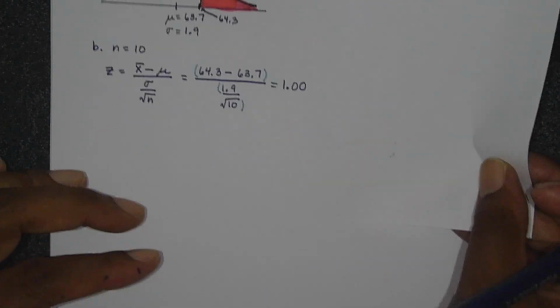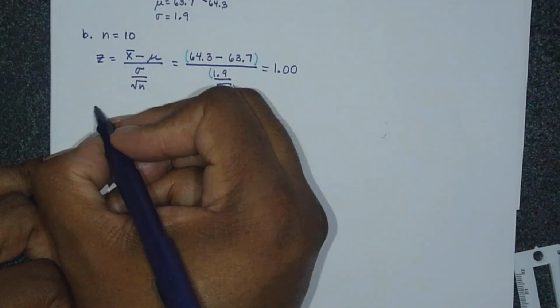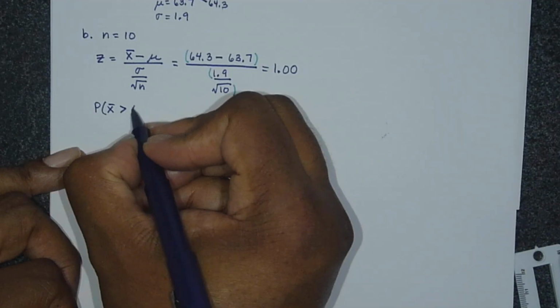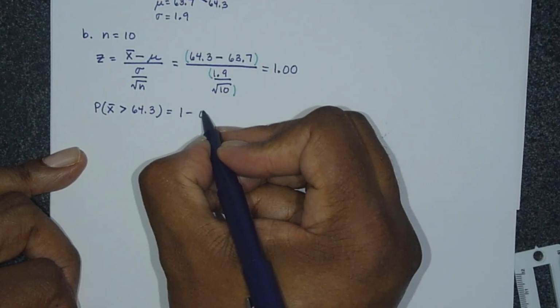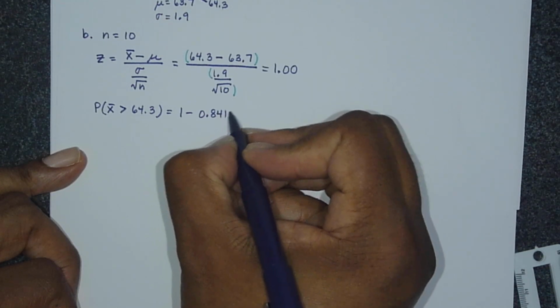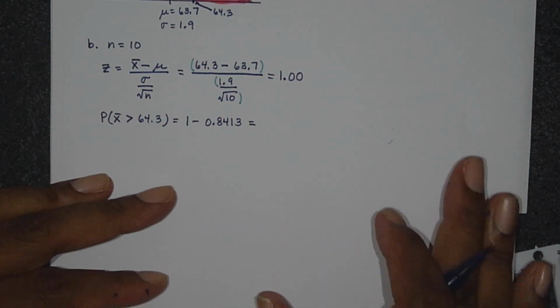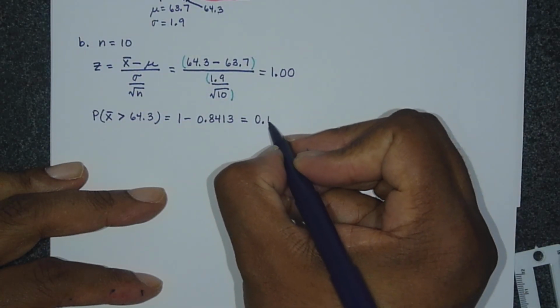So we need the area on the right. That means the probability that your mean is greater than 64.3, we have to do 1 minus 0.8413. And what's 1 minus 0.8413? 0.1587.